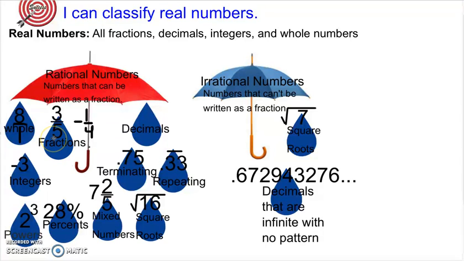Now, fractions can be changed into decimals and decimals back into fractions. And so decimals are included under this category because we can change them into fractions. For instance, if I take 0.75, I can change it into the fraction of 3/4.